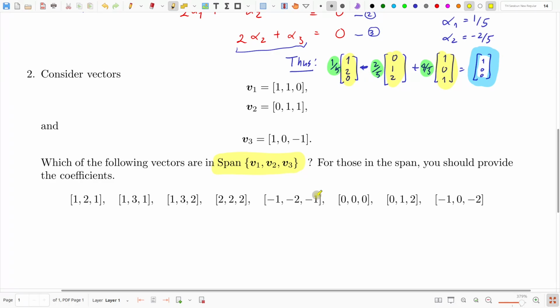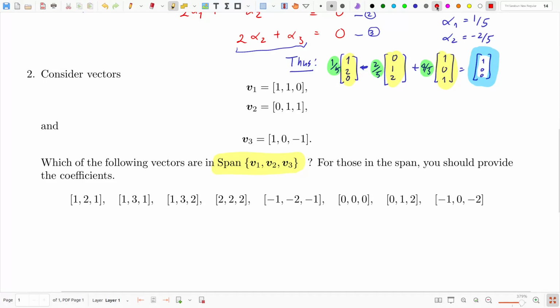We have vector 1 and vector 2. What can you say about vector 3, v3? Is it a linear combination of the first two vectors? Can you get v3 by combining v1 and v2 linearly? Yes, right?